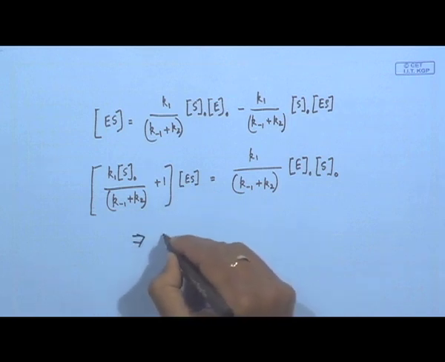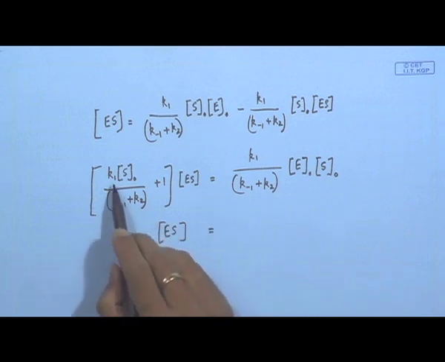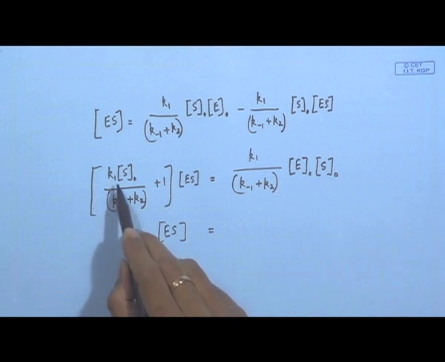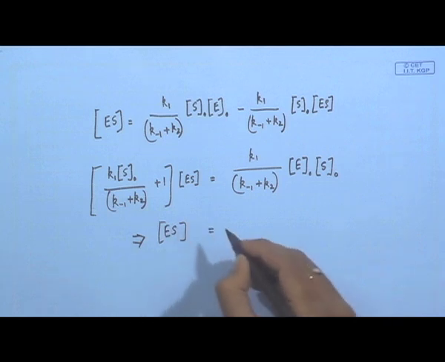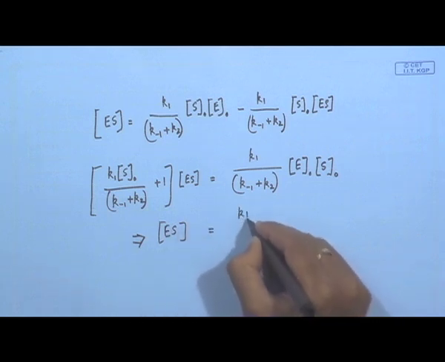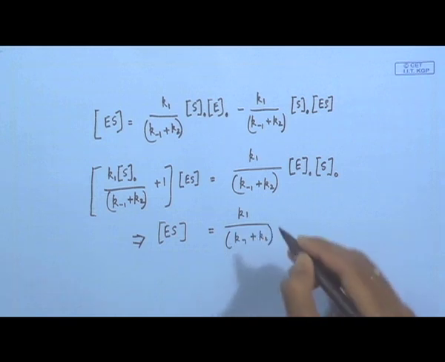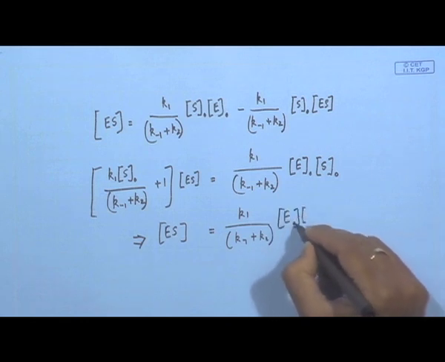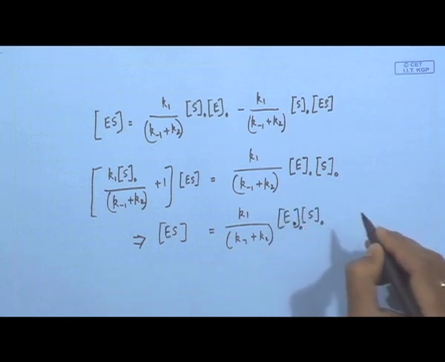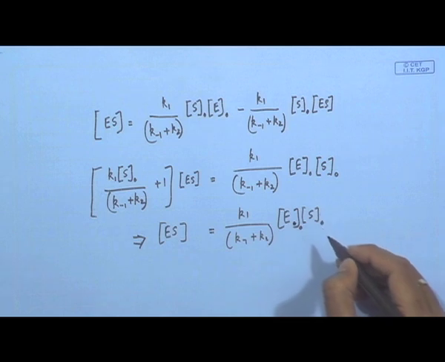So what we got is ES will be equal to K1 S0 plus K2 plus K minus 1, divided by K minus 1 plus K2, with K1 divided by K minus 1 plus K2 times E0 S0, and you will be getting another term with K1 ES.